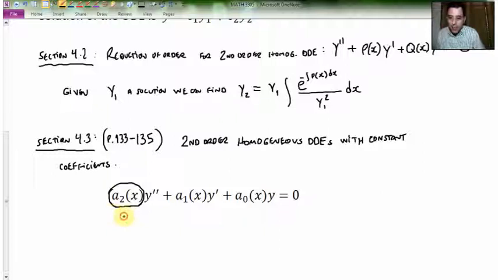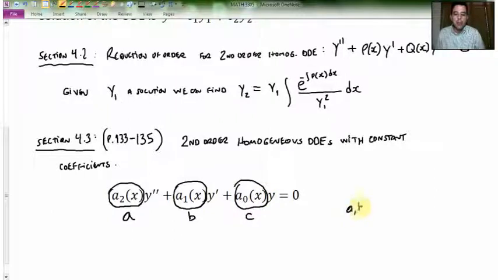Let's say that this is A, this is B, and this is C: A, B, C constants.